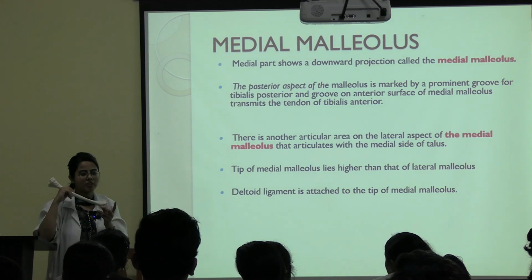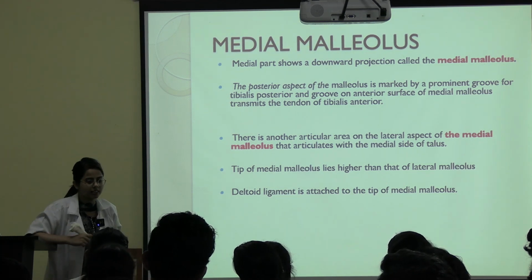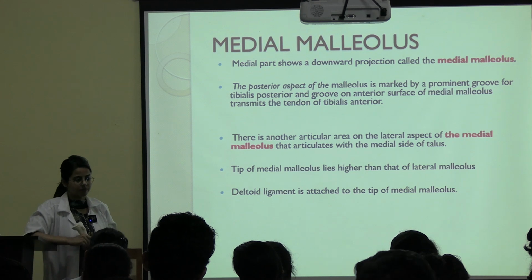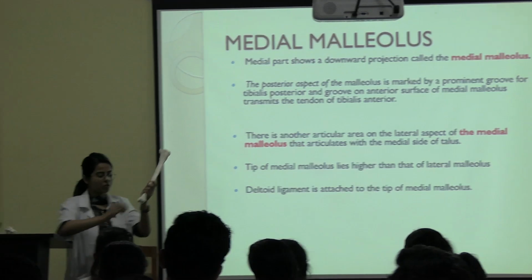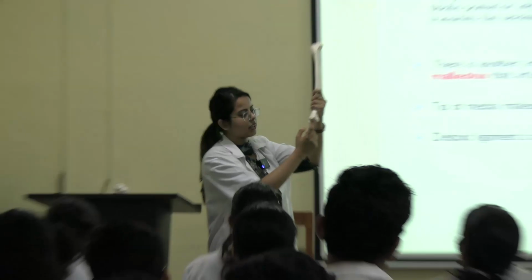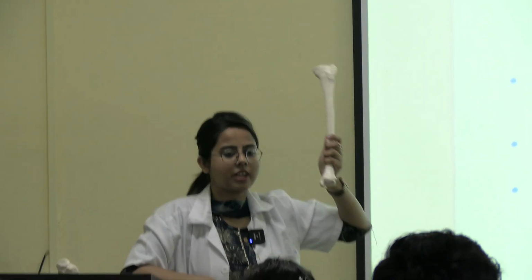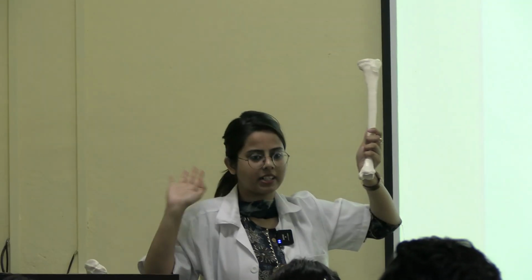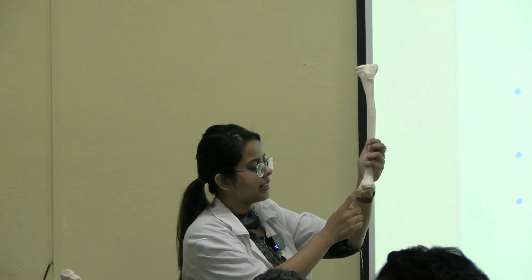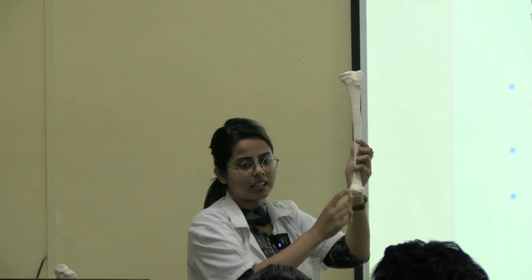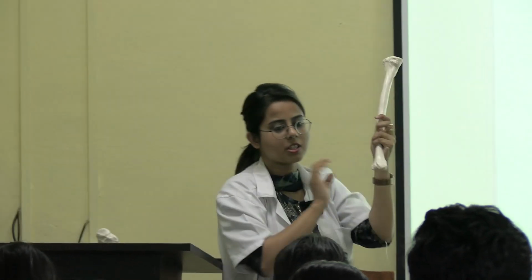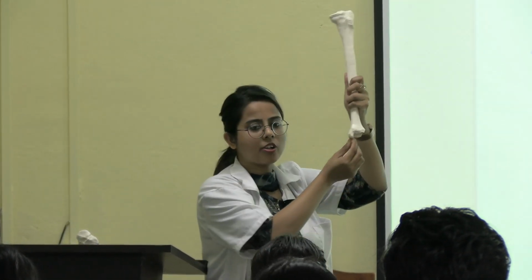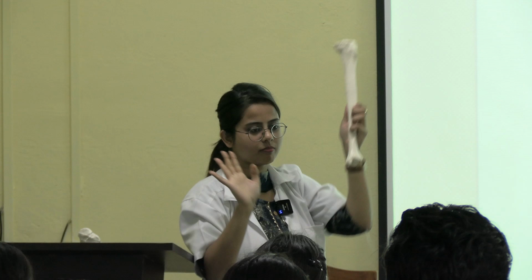The tip of the medial malleolus is located a little higher than the tip of the lateral malleolus. So the lateral part of the medial malleolus articulates with the medial side of the talus. Just remember the talus. Anteriorly it has a groove for tibialis anterior, posteriorly a groove for tibialis posterior, and the deltoid ligament is attached to the tip. Clear?